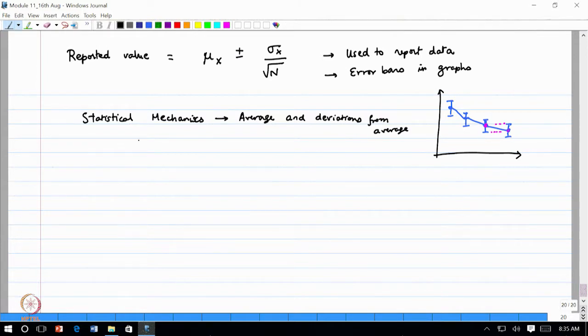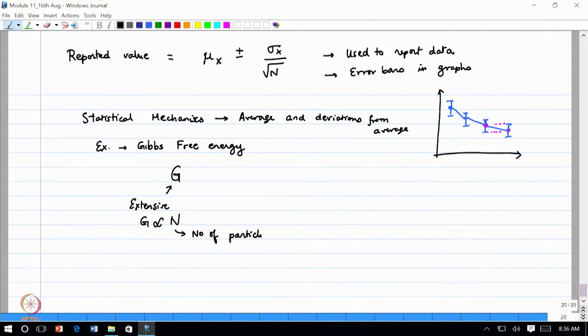Suppose you have energy. For example, you might calculate the Gibbs free energy, G. This is proportional to n, so this is an extensive variable proportional to n, where n is the number of particles. Now in statistical mechanics we do something called an ensemble average.